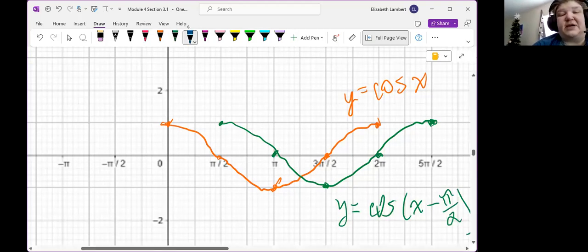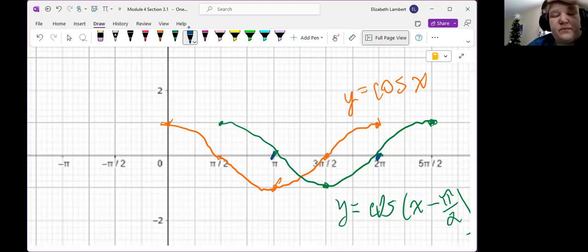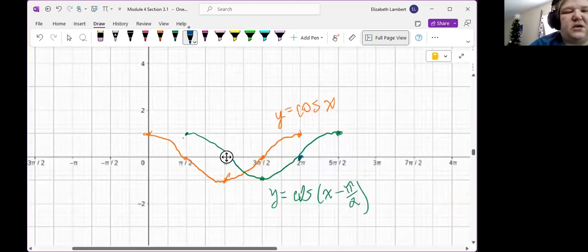Now the 3, I'm going to take my key points. My 0 points are going to stay where they're at. The amplitude 3 times 0 is still 0. But here I'm going to multiply the y values. So at pi over 2, it's now going to be, instead of just 1, it'll be 3 times 1. So this one will zoom out a little bit. It's going to go all the way up to 3.